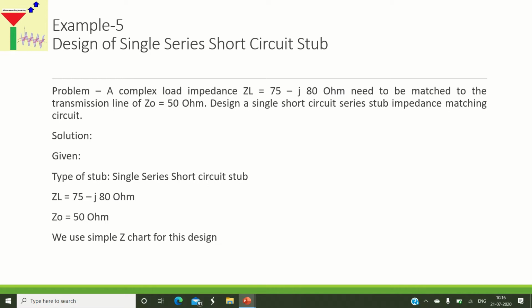We are asked to design a single short circuit series stub impedance matching circuit. I hope the problem statement is very straightforward. We are asked to design a single series short circuit stub in order to match the load impedance 75 minus J80 ohm to the transmission line of characteristic impedance 50 ohm.